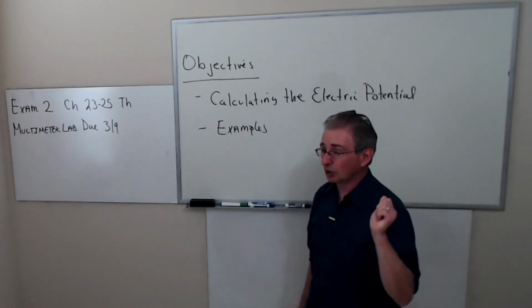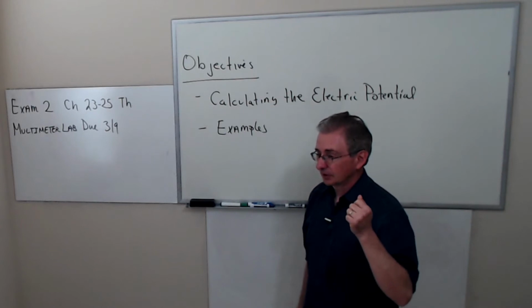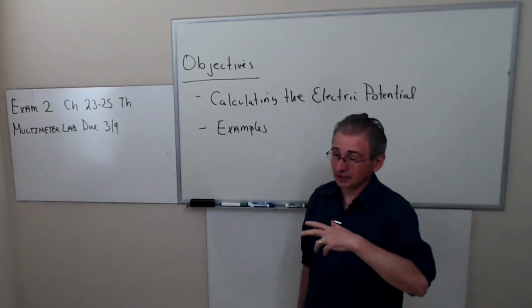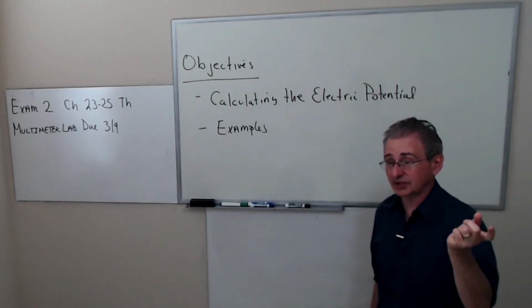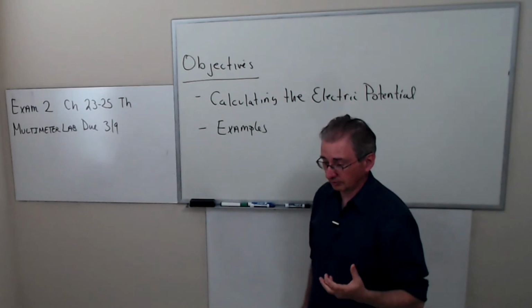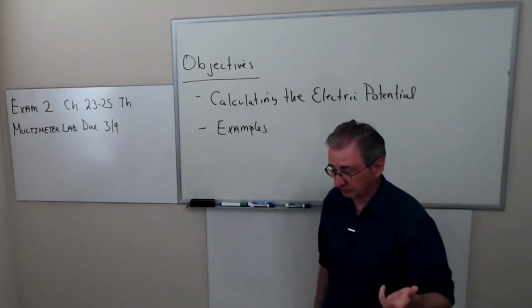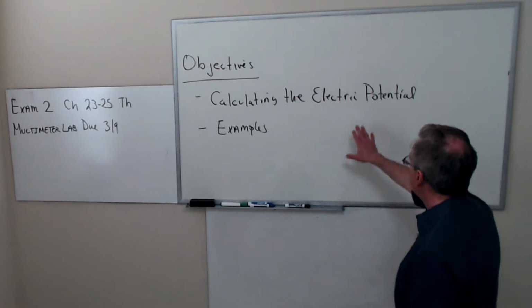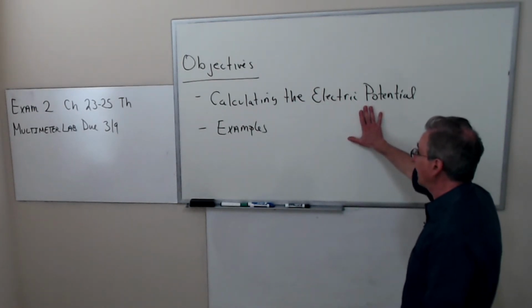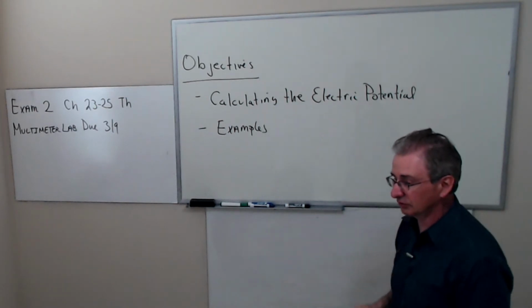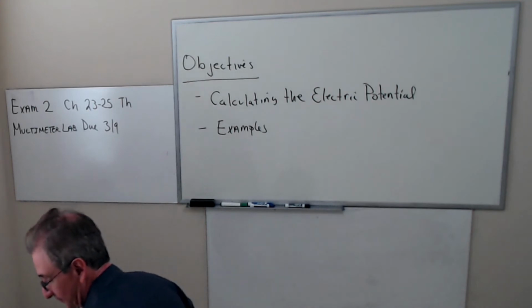And when he rotated the neon bulb so that it was along one of the field lines, then there was a potential difference across the ends of the bulb, and that caused the light to glow, because that potential difference means you have an electric field. Okay, so what I'm going to do today is finish up the chapter, talk about calculating the electric potential, and do some examples.